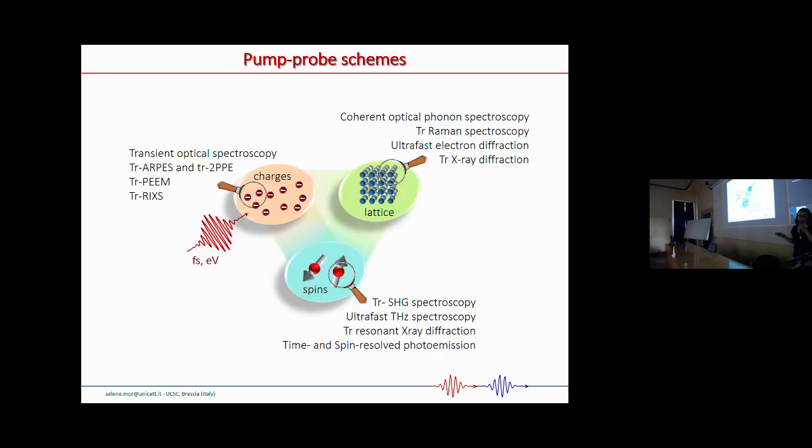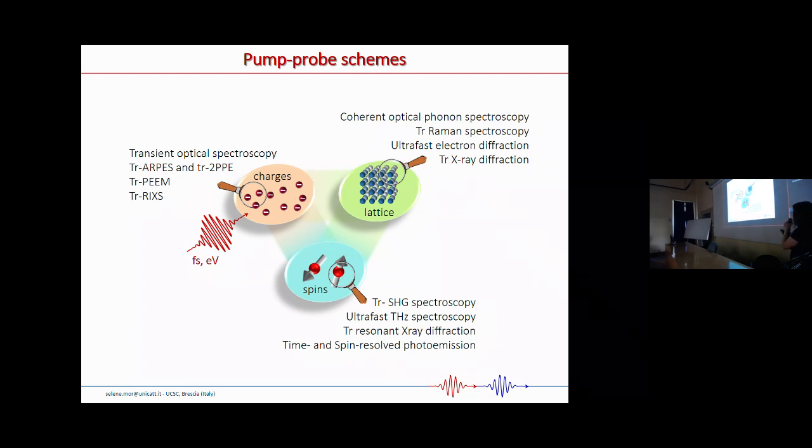Okay, so I've shown you that nowadays we can basically get access to almost any time scale and energy scale with our laser sources, and the pump-probe scheme is nowadays applied to almost any kind of spectroscopy. I would say the pioneering one was transient optical spectroscopy. Time-resolved photoemission spectroscopy, of which I will show you two types, ARPES and two-photon photoemission spectroscopy, are also widely used.